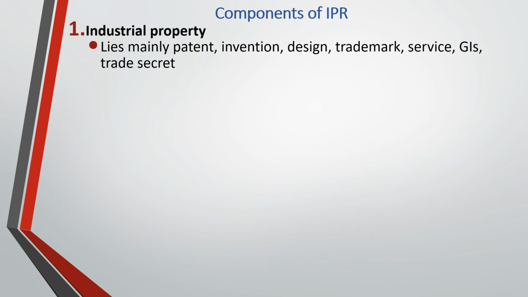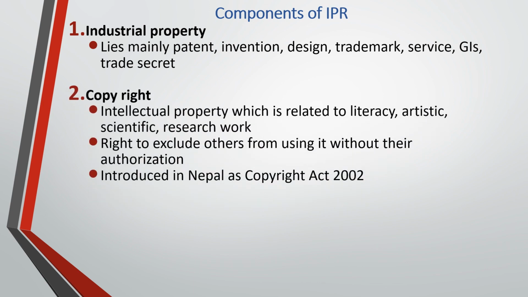So, components of IPR. First, we have industrial property, which includes mainly patents, inventions, designs, trademarks, service marks, GIs, and trade secrets. Next we have copyright. Intellectual property related to literary, artistic, scientific, and research work is copyright.